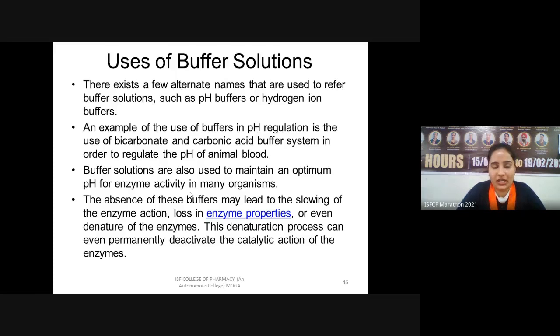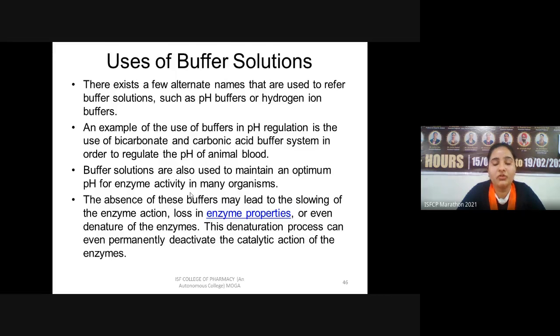Buffer solutions are also used to maintain the optimum pH for enzyme activity in many organisms. The absence of these buffers may lead to the slowing of enzyme activity. If the pH changes, the enzyme may not work, because as we know, enzymes are very specific to pH, and hence the use of buffer solutions is very important.